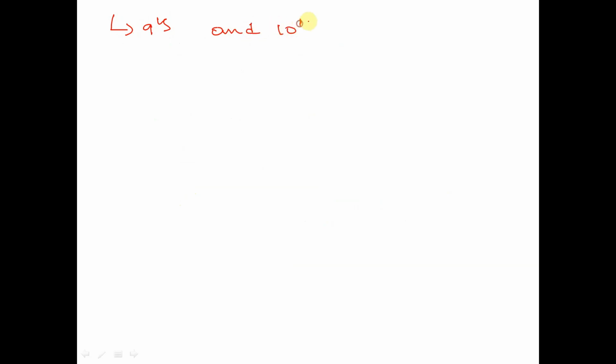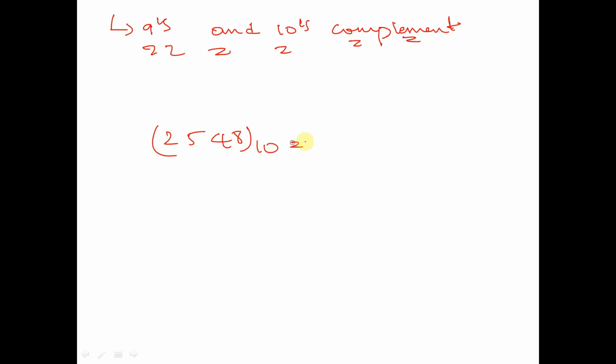Now coming to nines and tens complement. Nines and tens complement is found for the base 10, that is a decimal number. If we have any number, say 2548 to the base 10, and we want to find the nines complement, then simply subtract each digit from 9.